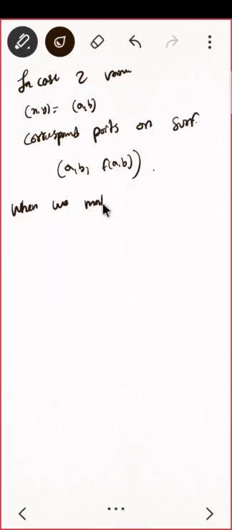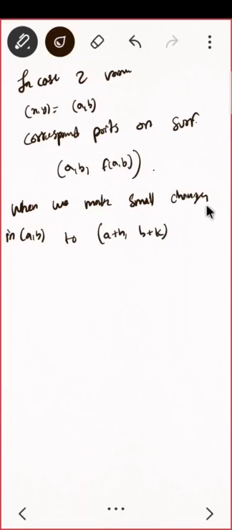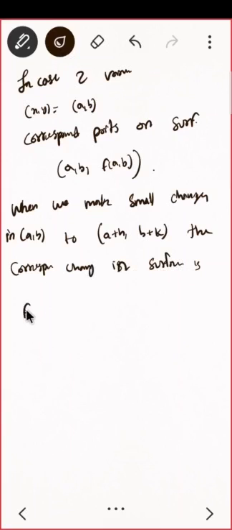Now when we make small changes in (a, b) to say (a plus h, b plus k), then the corresponding change in the surface is f of (a plus h, b plus k) minus f of (a, b).